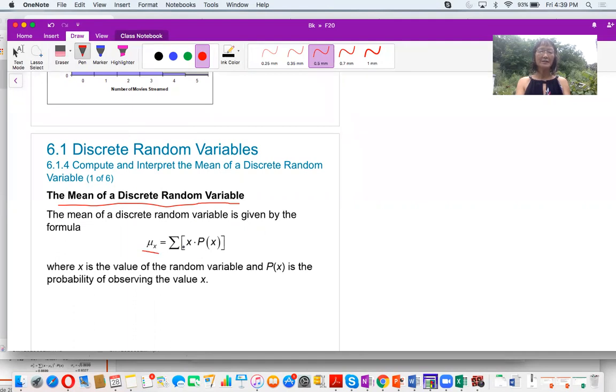How do you calculate it? You use the random variable times the probability of the random variable, and then add them together. X represents the value of the random variable. P(x) represents the probability of x. Okay.